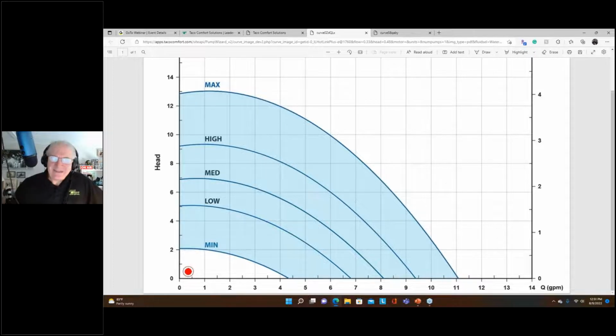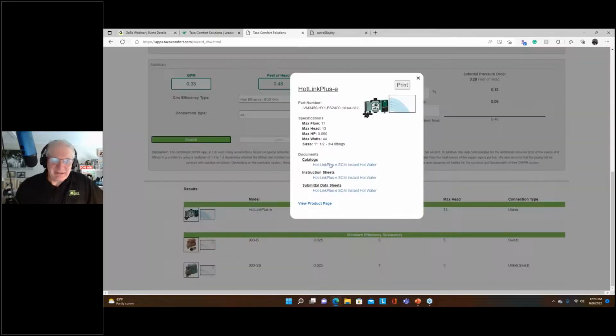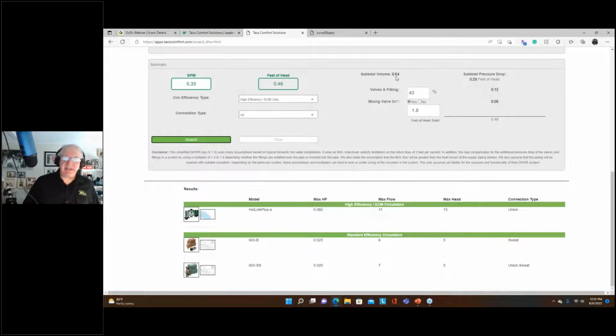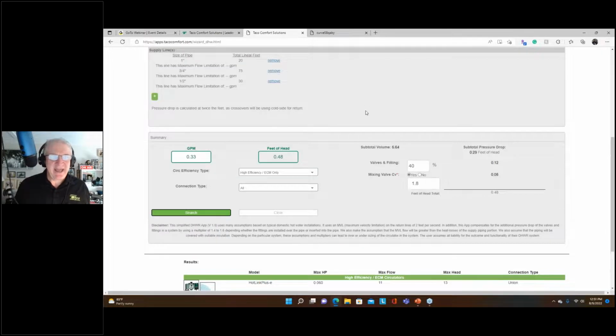So what does that mean for us? Well, that means that we have a total volume of 6.6 gallons, but let's cut that in half because we're talking about just the supply line, we're only worried about the water to that last fixture, so 3.3 gallons.